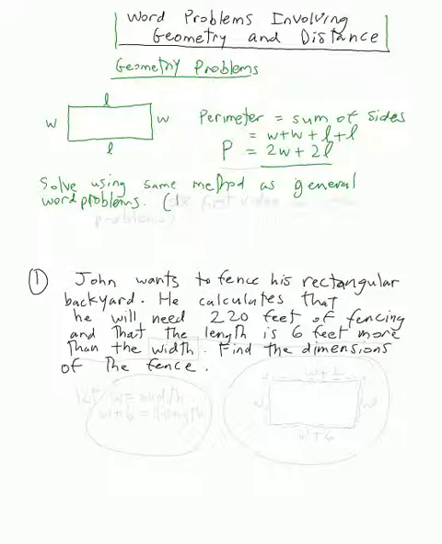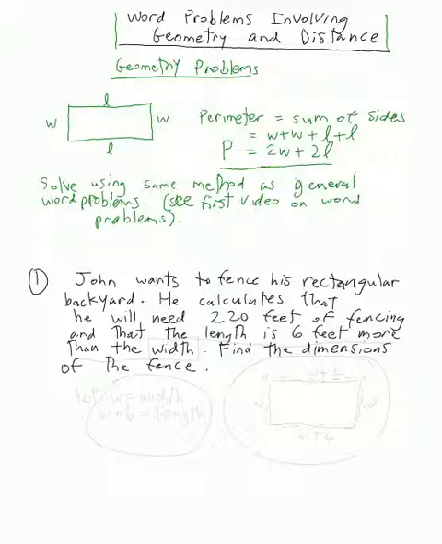In other words, you can see the first video on word problems, so you're going to follow the method in the other video. The only difference is that the relationship that we're talking about is always going to be perimeter equals twice the width plus twice the length. Very important to keep that in mind.